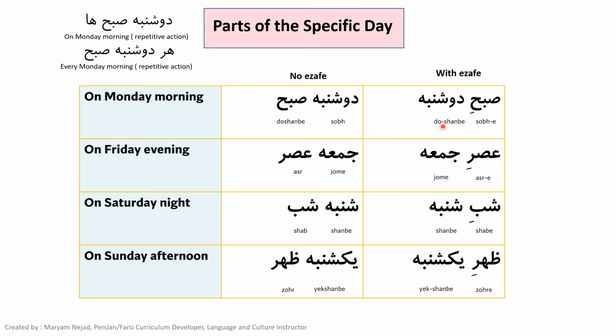For example, عصر جمعه means the evening of Friday, and this one means Friday evening. Or the last one, یکشنبه ظهر versus ظهر یکشنبه. So Sunday afternoon versus the afternoon of Sunday. You can say either one, either column works, but just make sure if you're using this version, don't use اضافه. If you're using this version, you need to use اضافه.